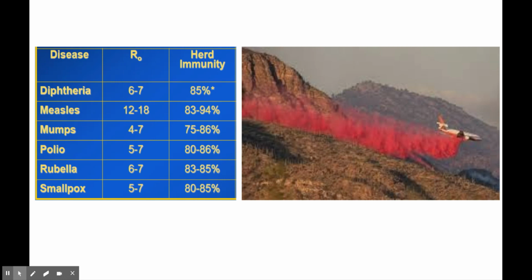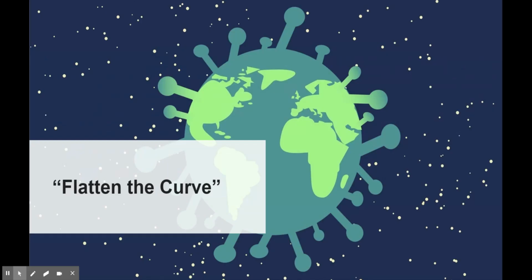That's enough to lose the effect and have an outbreak. So again, we are still learning and understanding what that magic number is for COVID-19, but it's probably somewhere around at least 70, if not more, percent.